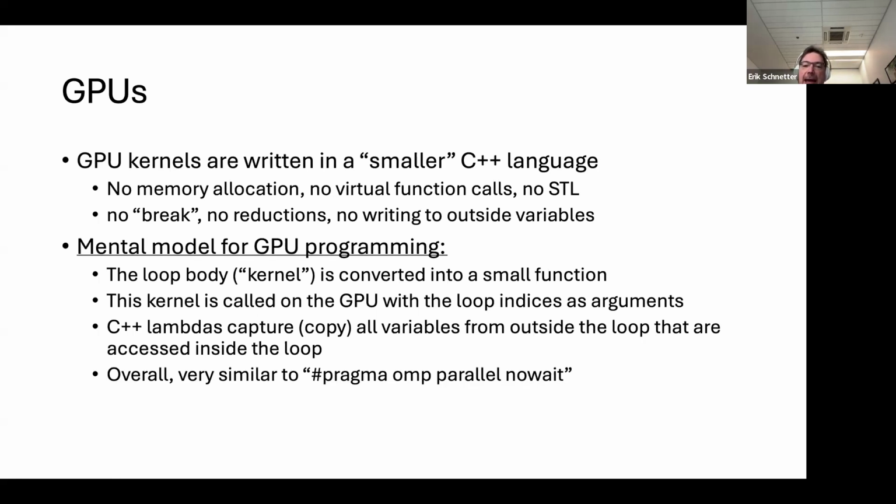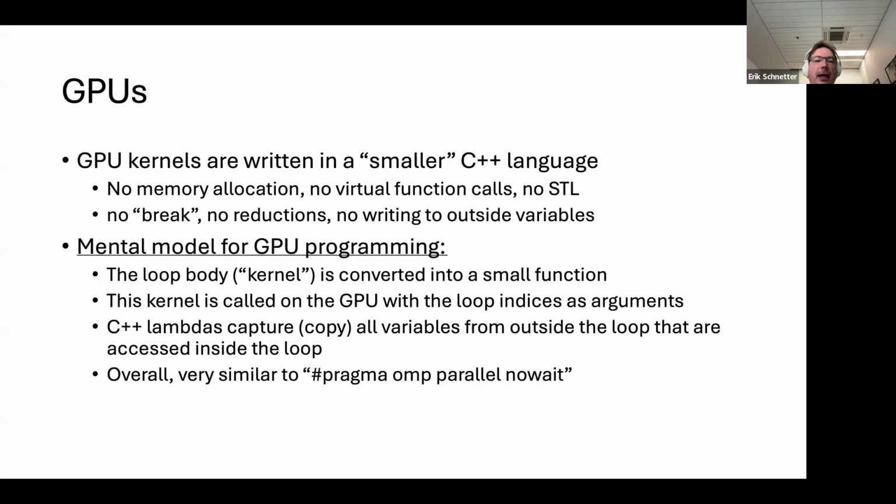And if you want to access variables from outside the loop, then they get captured via C++ lambda. Essentially, the compiler declares internally a small struct that contains copies of all the variables that live outside the loop, and then you can access them inside the loop. And that means if you want to access a variable outside the loop, they need to be copied.